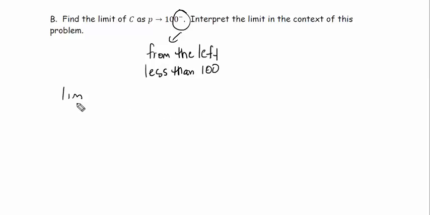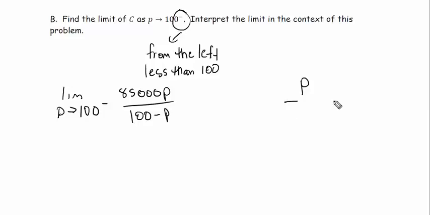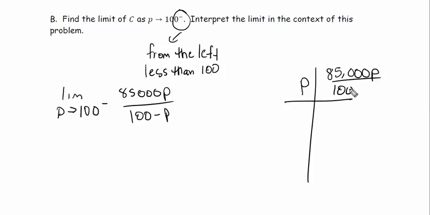So we want the limit as P approaches 100 from the left of 85,000P over 100 minus P. Numbers to the left of 100 but less than 100 could be 99.9, 99.99, and 99.999.